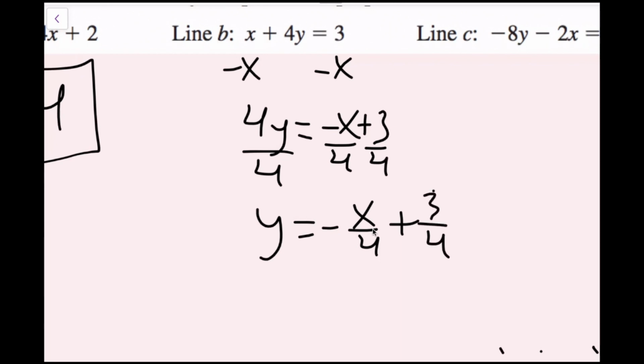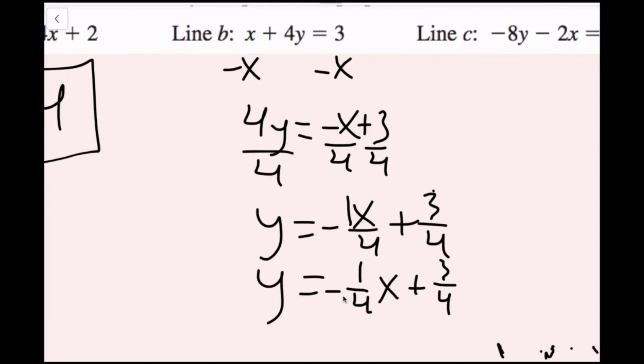Okay. Now, if you're not entirely sure what the slope is going to be, you can always just put a 1 next to your x. And now this is the same thing as negative 1/4. Okay, so I could rewrite this as negative 1/4 x plus 3 over 4. And now I know my slope is going to be negative 1/4. Okay, so I'm going to zoom back out.